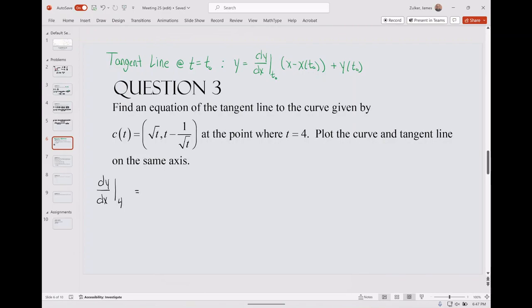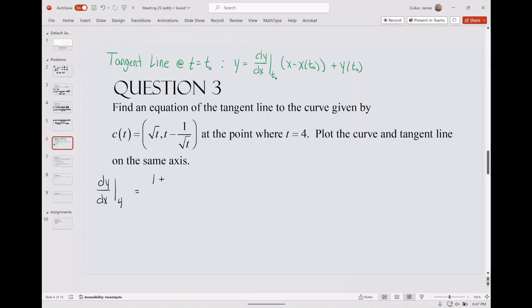One plus t to the power 3/2 over 2. Close. Plus t to the negative 3/2 over.